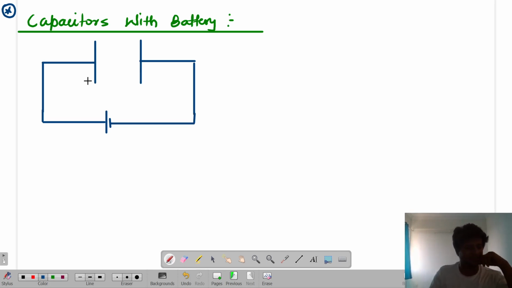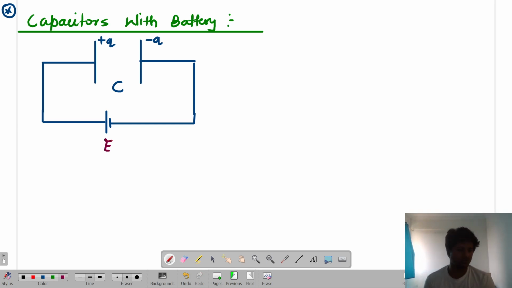Now look over here. This capacitor has, let's suppose, plus Q and this is minus Q. And the potential of the battery is how much? V. Or let us write E, EMF E. Got it or not? There is a reason for writing E. In current electricity, I'll make you understand why we write it. So let's suppose this is E. Are you able to get me or not?